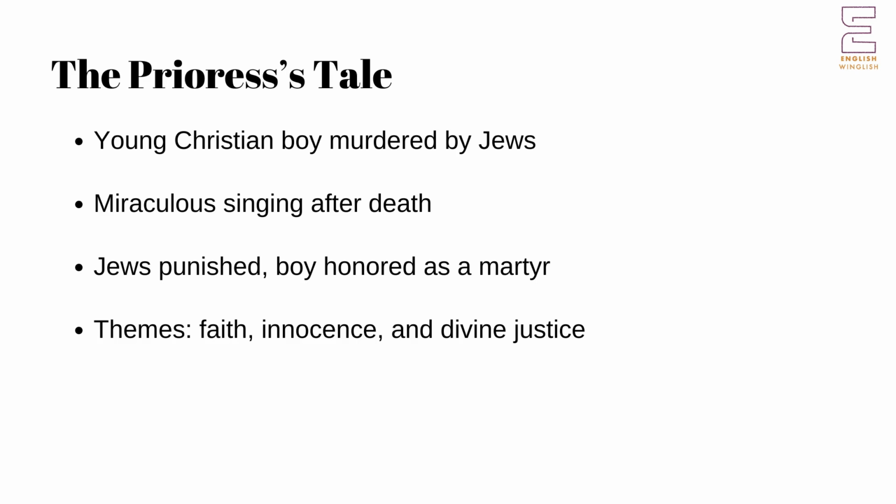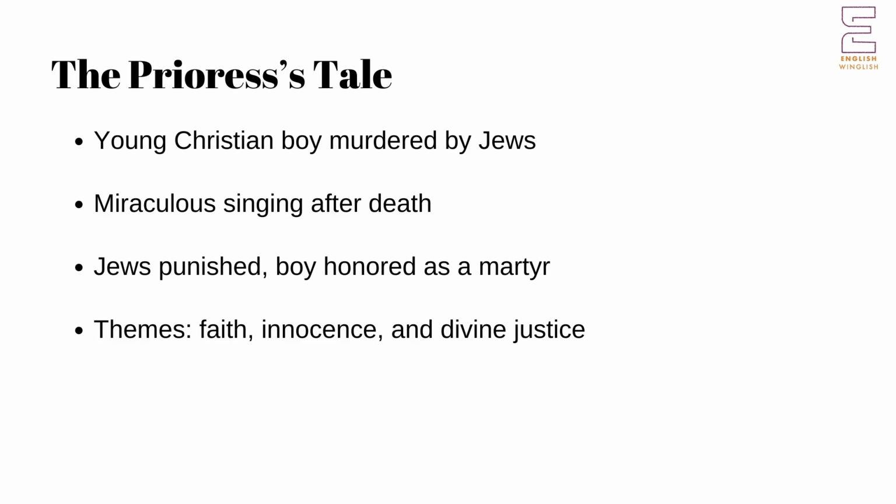The Prioress's Tale. The Prioress's Tale is a pious story about a young Christian boy who is murdered by Jews for singing a hymn to the Virgin Mary as he passes through their ghetto. Despite having his throat cut, the boy miraculously continues to sing due to divine intervention until his body is discovered.